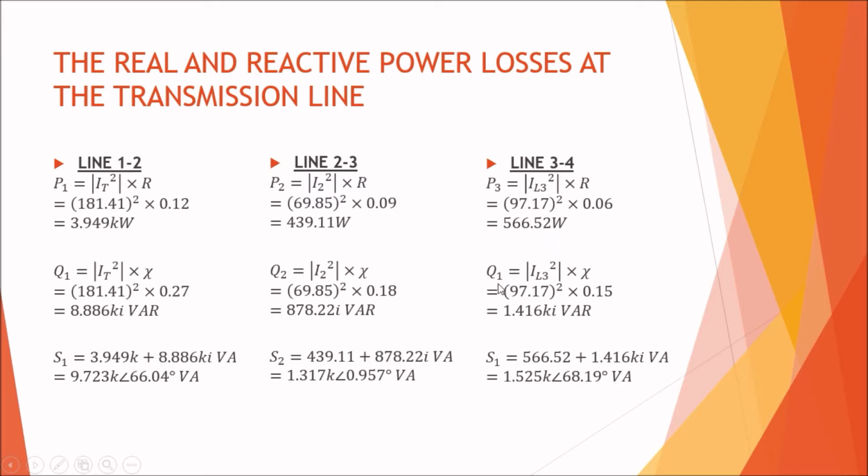For reactive power, the value of imaginary is 0.15, and then we multiply it with the square of 97.17, and we get 1.416 kilo imaginary var. And then this is the value for apparent power, 1.525 kilo, angle 68.19 VA.